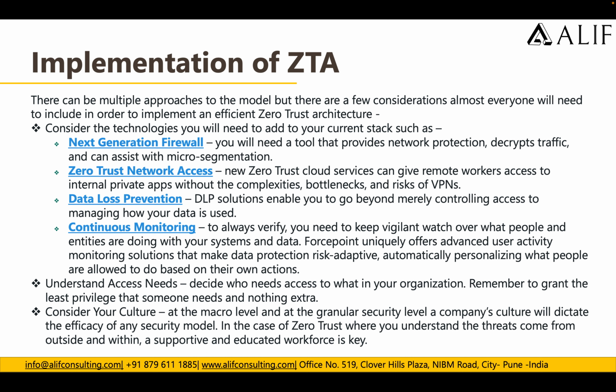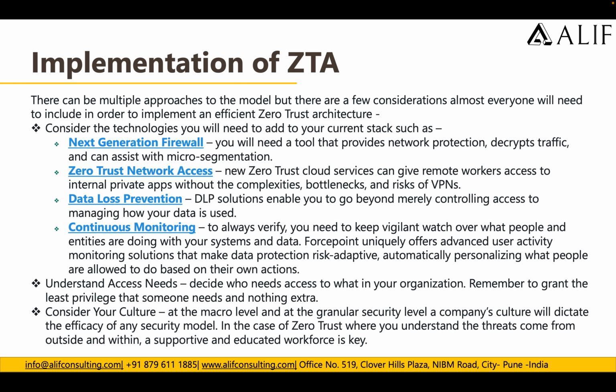With the firewall, you get network protection, data encryption and decryption, and it can also help you do micro segmentation, where you can create multiple subnets for prod, stage, UAT, and segregate them based on their network.